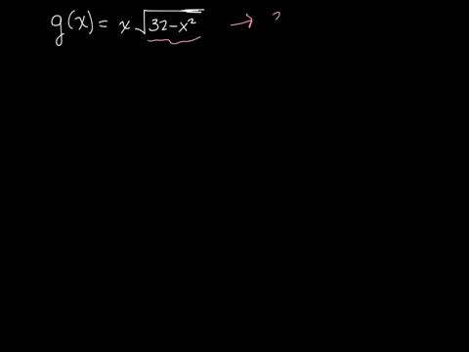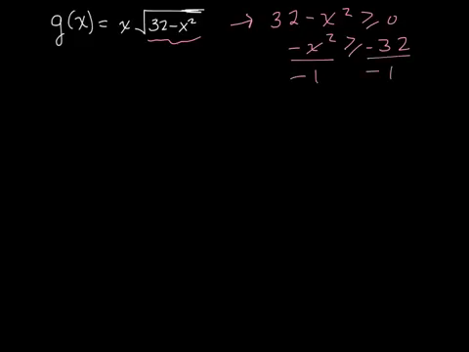If it has to stay positive, that means this must be greater than or equal to 0. I can solve for x, so I throw the 32 to the other side. And remember, when you divide by -1, you're flipping your inequality sign, so that becomes 32.